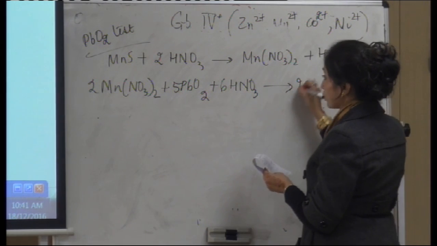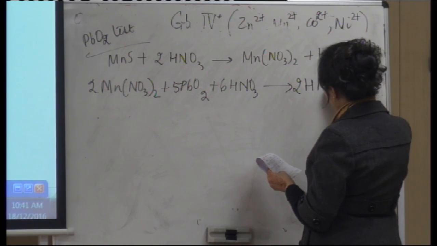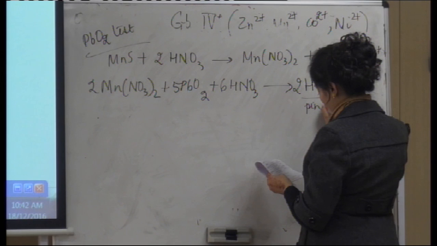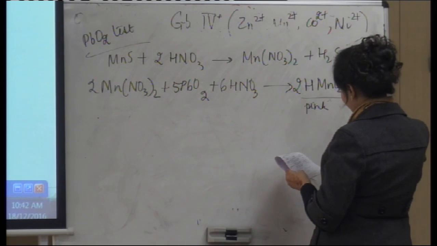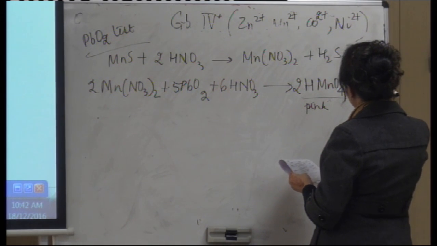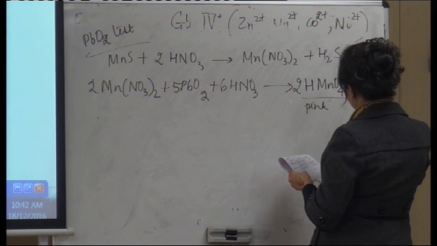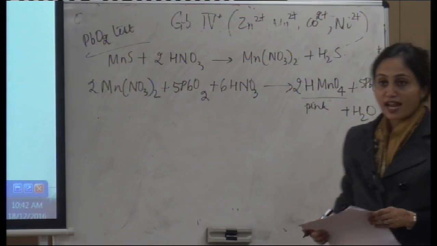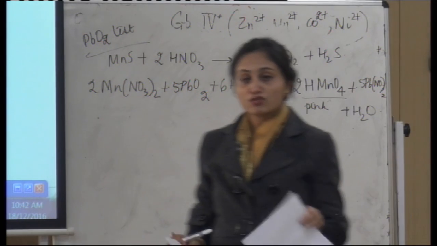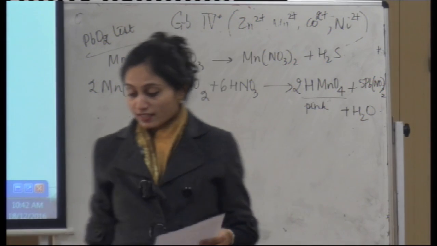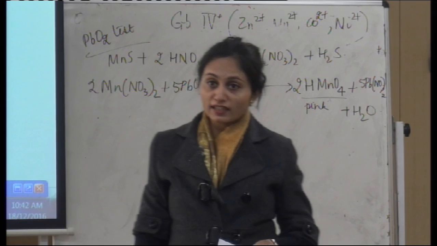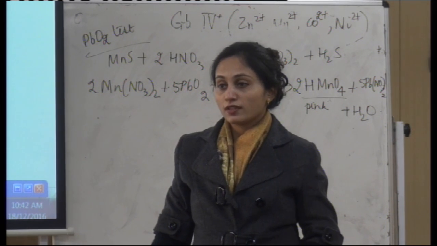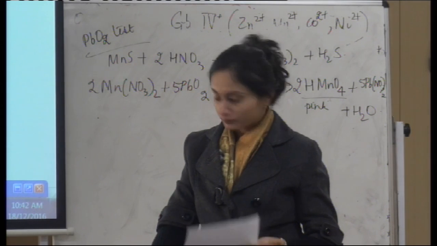That's giving you 2 HMnO4, pink in color, plus 5 Pb(NO3)2 plus water. Remember the final coloration. In this case of PbO2, you get a final pink color, which is because of HMnO4. That you can remember anyway.